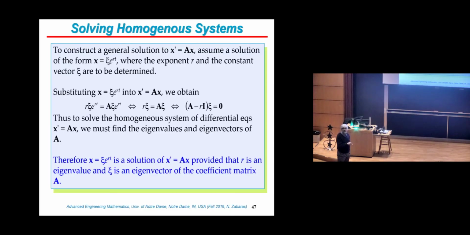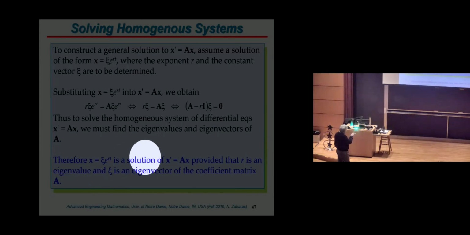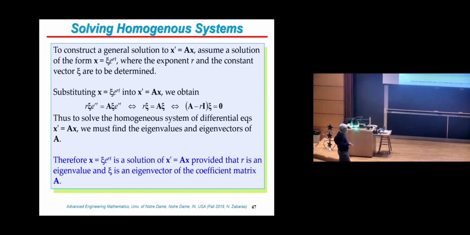An eigenvector. You remember that? If you plug it in directly, x prime will be r times xi e to the rt, and Ax will be A xi e to the rt. So when you cancel e to the rt, you get A xi equals r times xi, which is the eigenvalue problem.